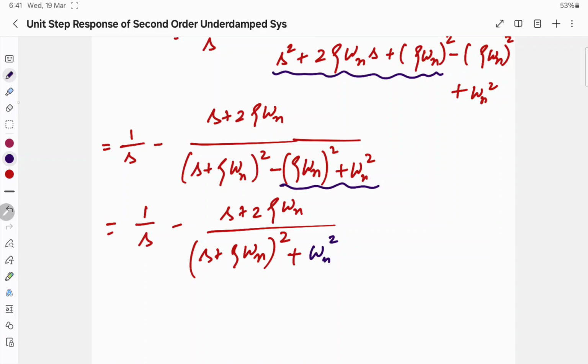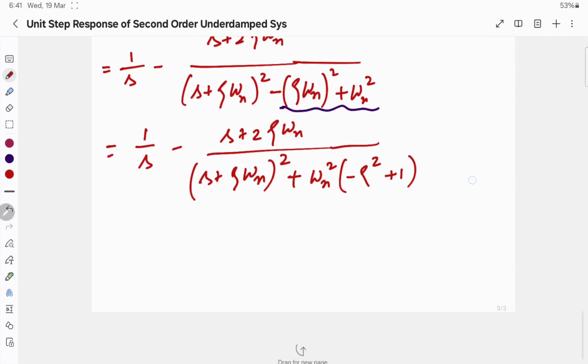You can take omega n square outside. It would be minus zeta square plus 1.